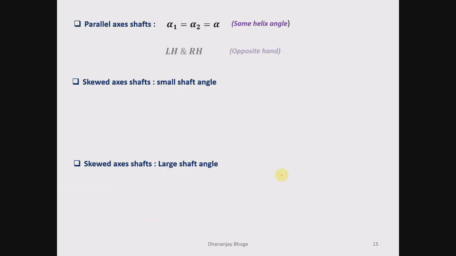Next, opposite hand of helices, and theta is 0 degrees because the axes are parallel to each other. Shaft angle is 0. Axes are parallel to each other, so shaft angle is 0. We use opposite hand of helix and same helix angle. याला काय म्हणतो आपण, helical gears.